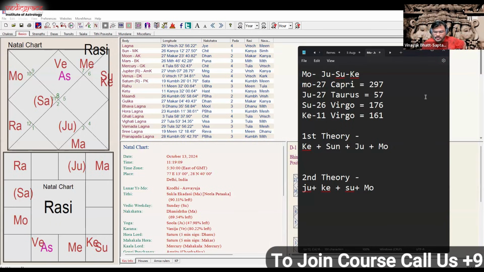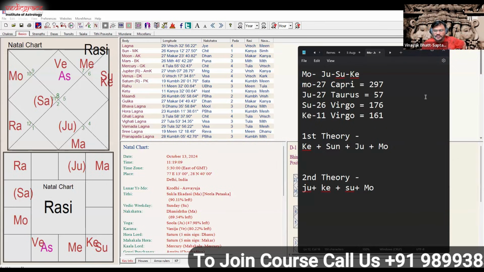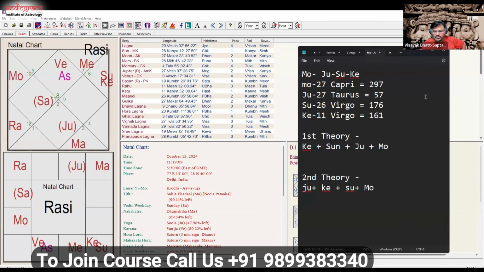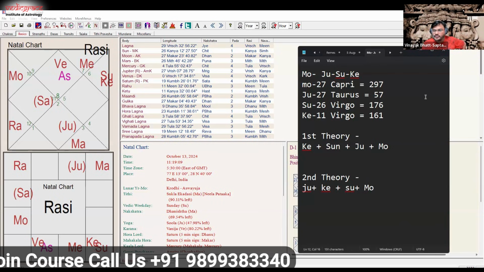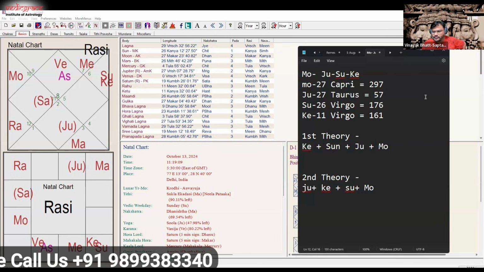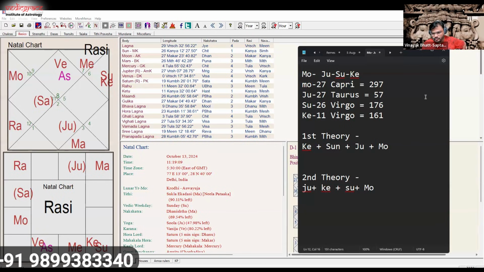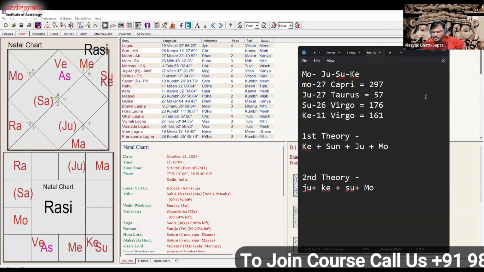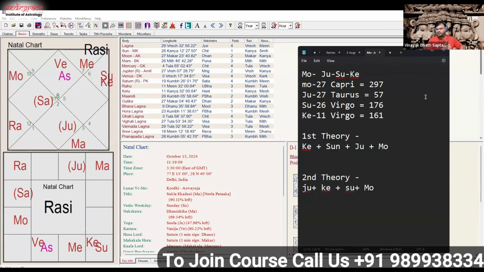Second rule is if a planet is present in the trinal, then also we call it a combination. Third rule is if planets are in 1/7 axis to each other, then also we call it a combination. These three rules are the very base for the combination. We have two more rules, but that depends on the condition. You can watch our recordings.